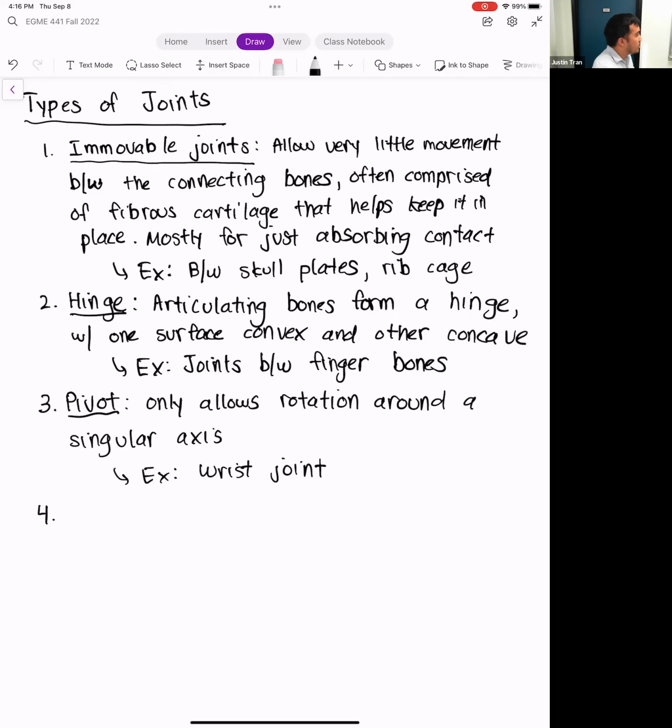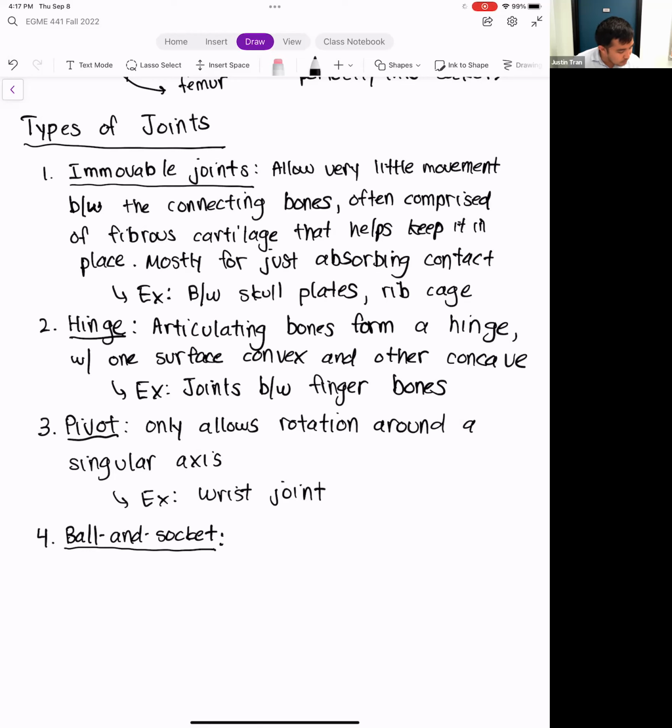Okay? And so the last type of joint that I want to go over is very similar to the hip joint, or it is like the hip joint, which is a ball and socket joint. In these types of joints, of the articulating bones, one of them is spherical and the other is concave.